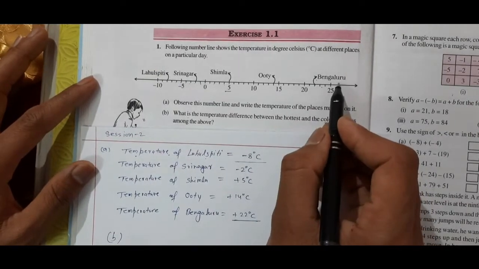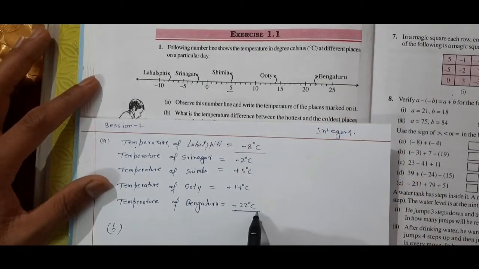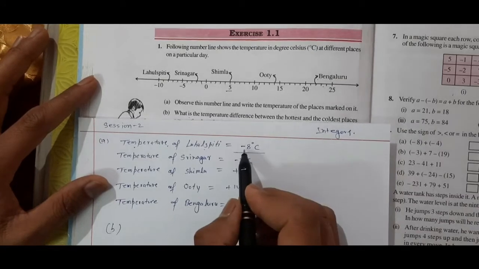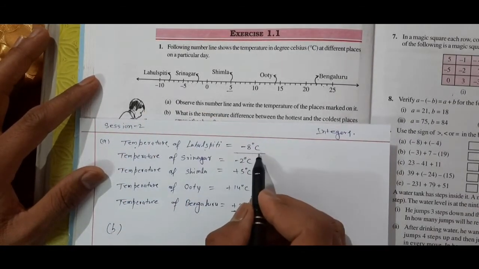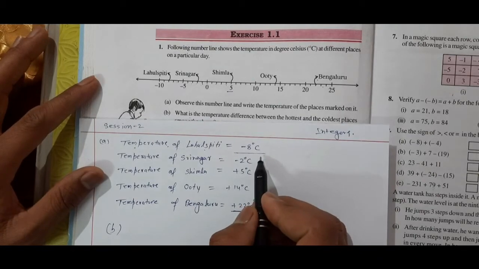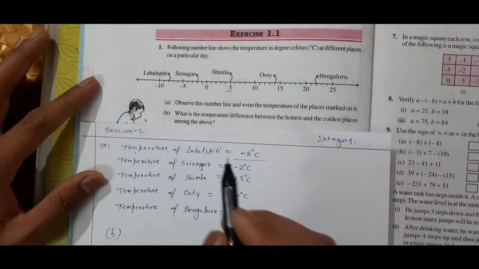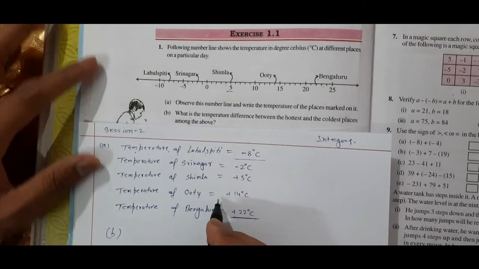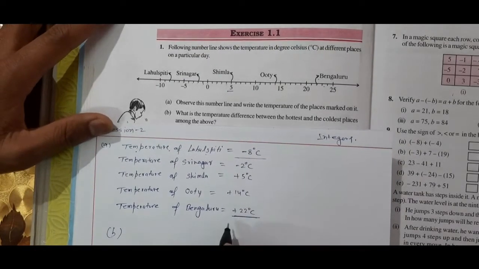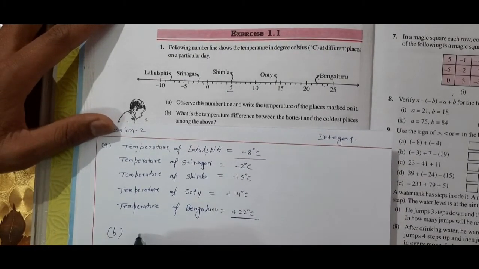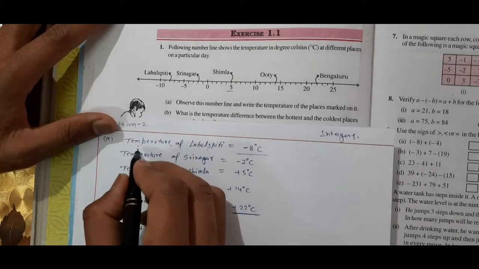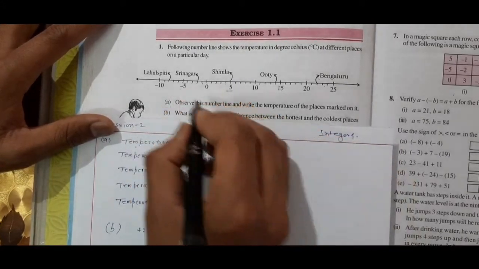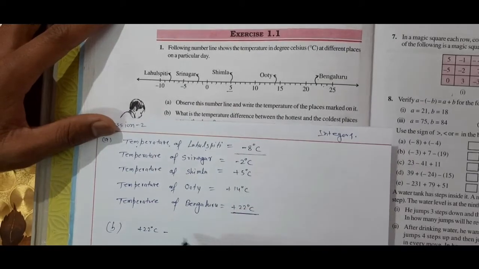What is the temperature of Bangalore? Plus 22 degree Celsius, and the leftmost place is Lahaul Spiti, and the temperature of Lahaul Spiti is minus 8 degree Celsius. Then the difference between the hottest and the coldest. Hottest temperature is 22 degree Celsius, and difference means minus, and the temperature of coldest place is minus 8 degree Celsius.